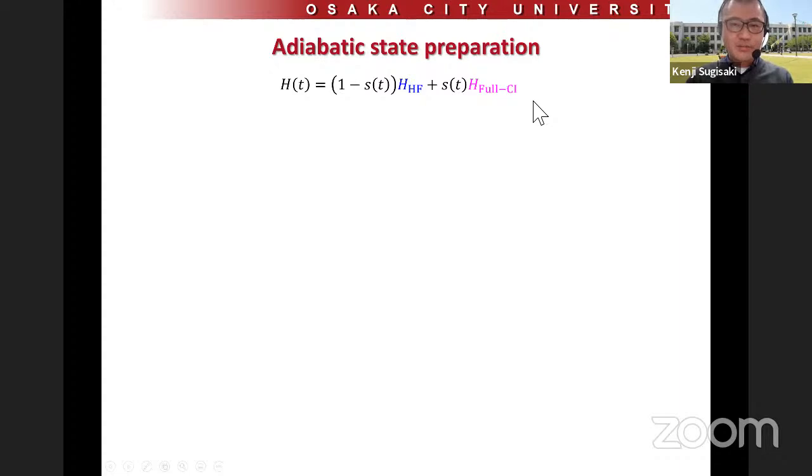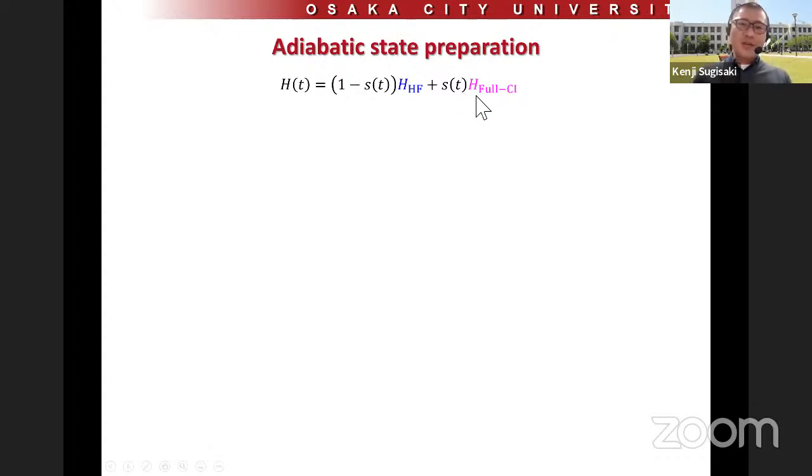So if we start from the Hartree-Fock wave function and the Fock operator, and then perform the time evolution under this time-dependent Hamiltonian, basically we can obtain the full-scale wave function of the ground state. This is the basic idea of adiabatic state preparation.